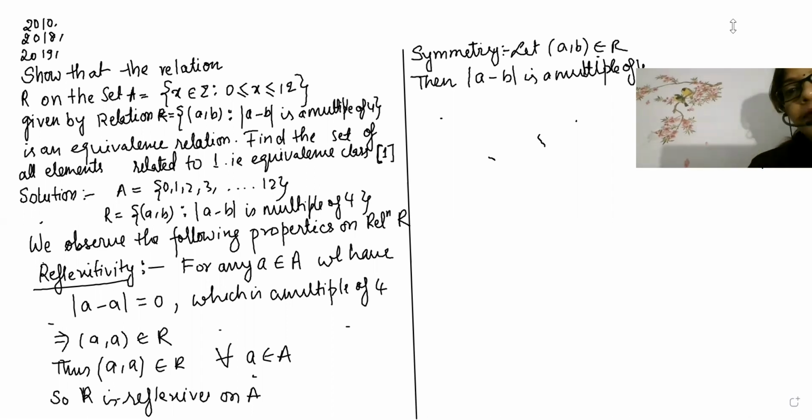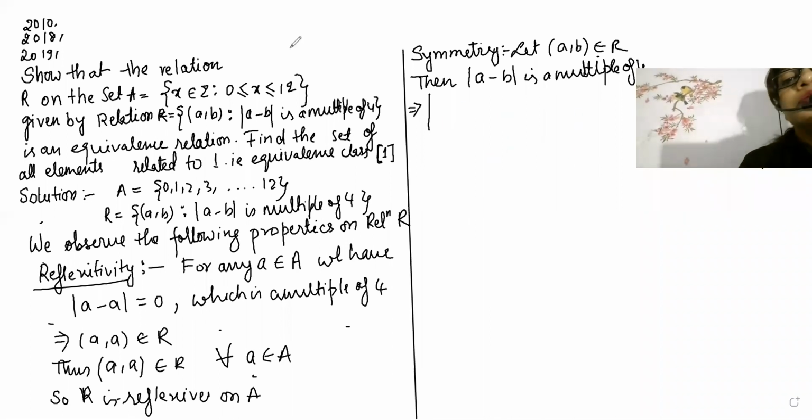It must be a multiple of 4. So now, if it is a multiple of 4, we will take minus common, and it will come as b minus a. First I'll convert it into a better form.